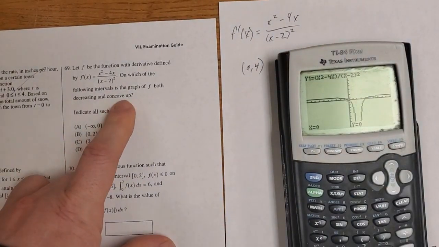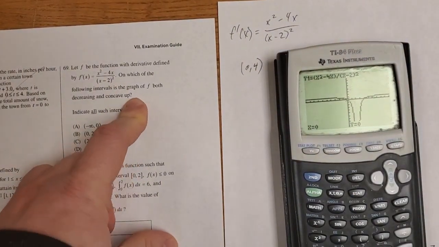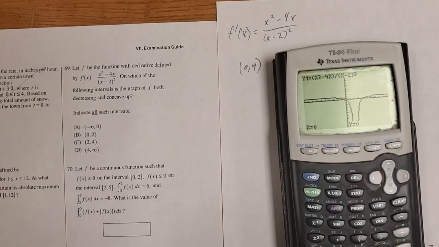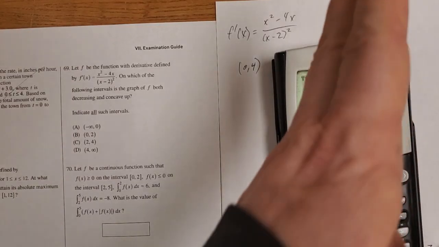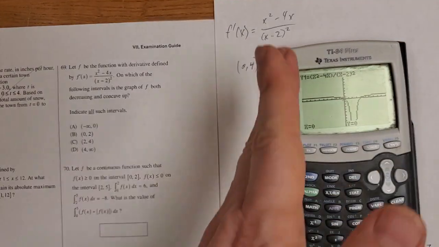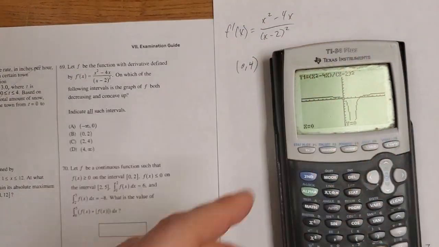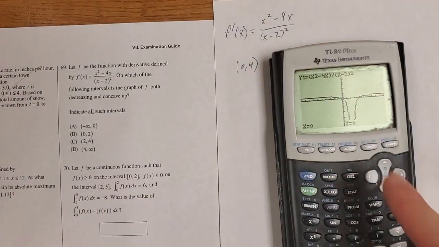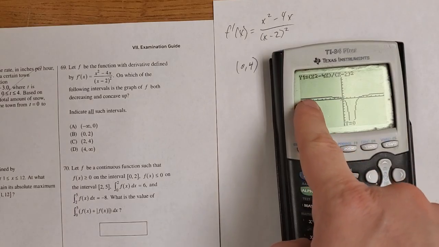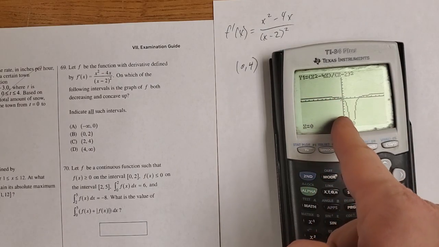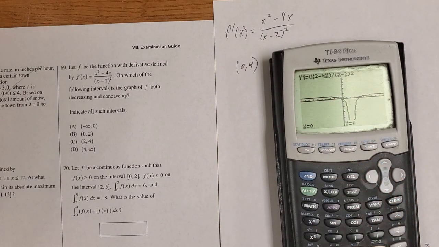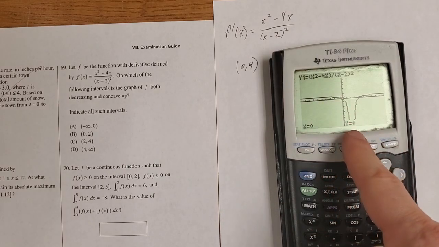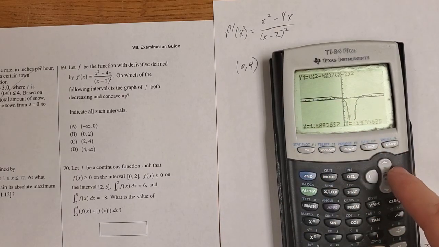And then it's asking where is it concave up? Where is the slope increasing? Where is the slope getting more as you go that way? And obviously, as you approach x equals 2, shooting down to negative infinity, that is decreasing.